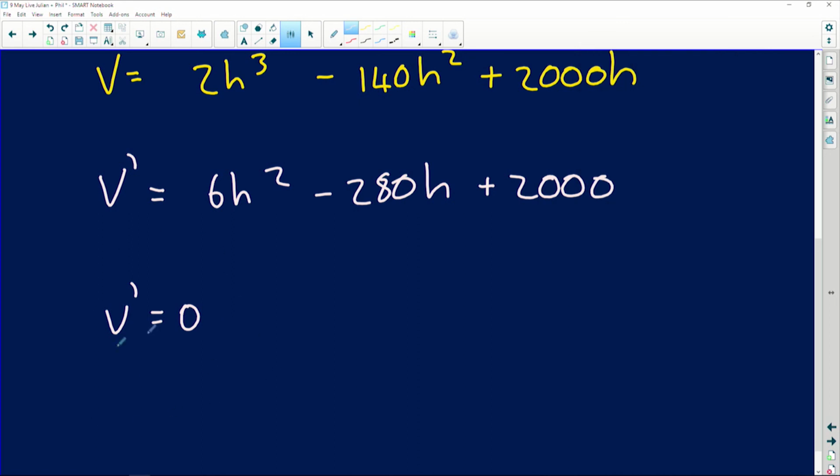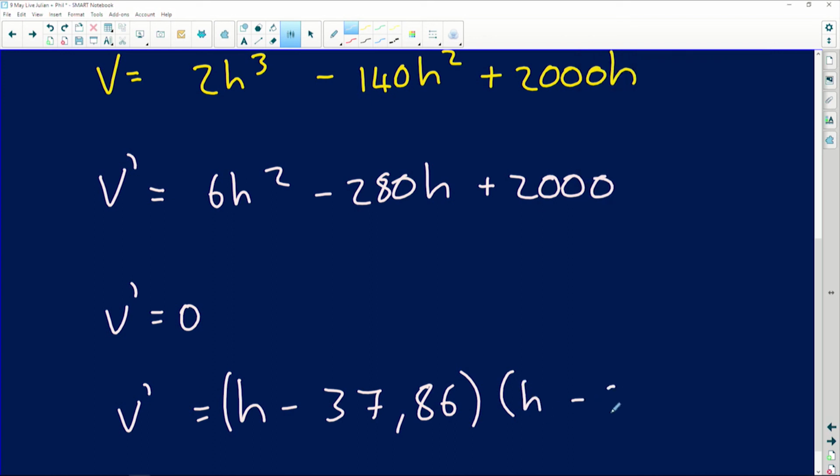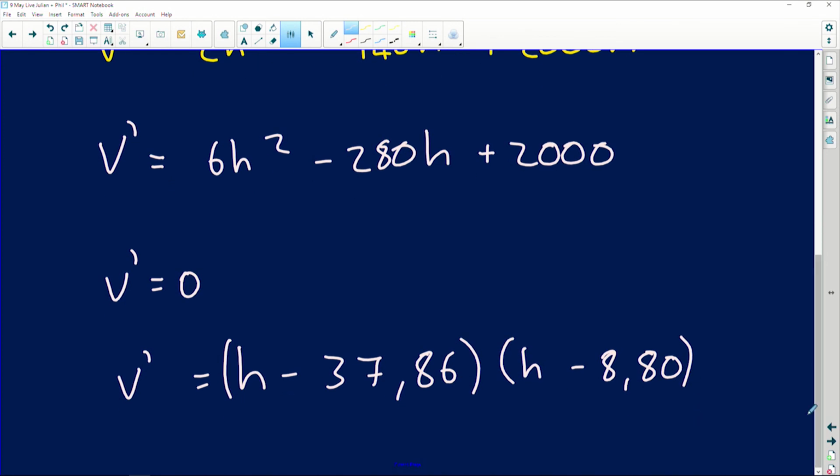If we equate this to 0, we end up with V prime equaling H minus 37,86. And my other one, now this is very clever, we can just go back and delete that, and we're left with 8,80. So it's going to be H minus 8,80. Okay guys, so now we've got our two values for H.